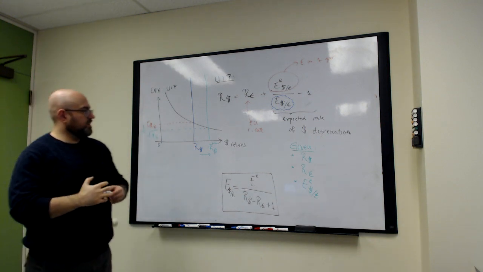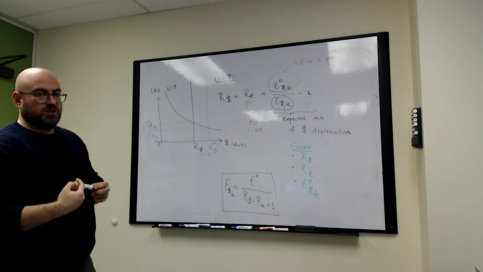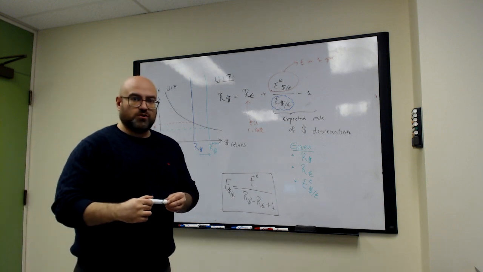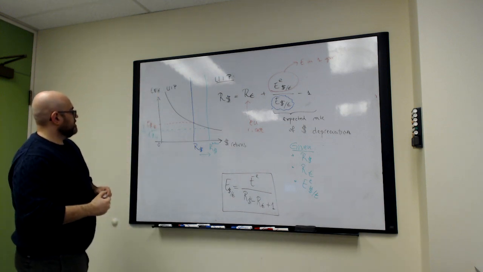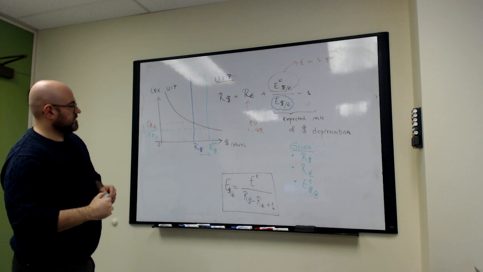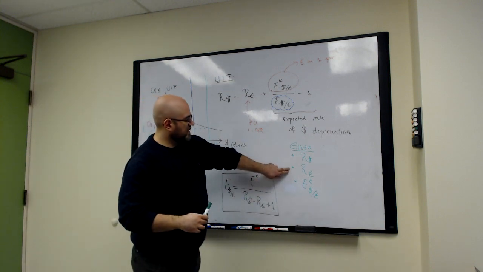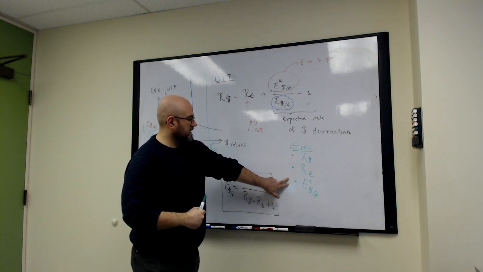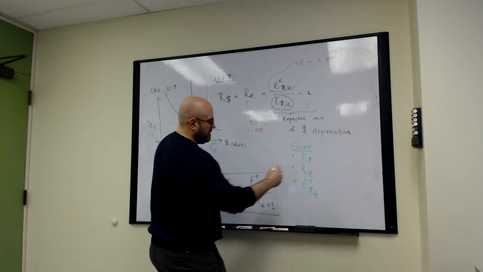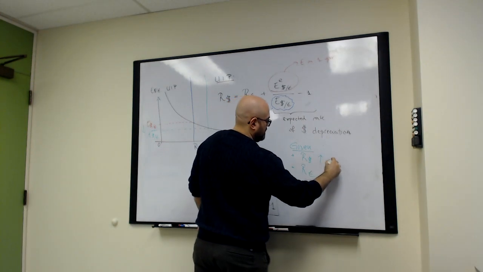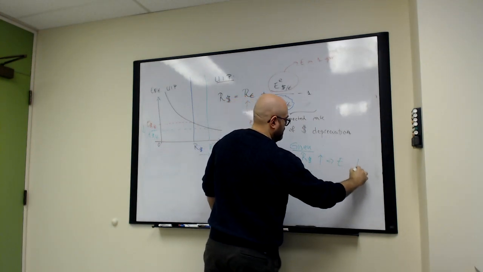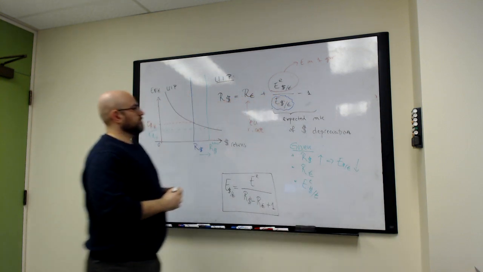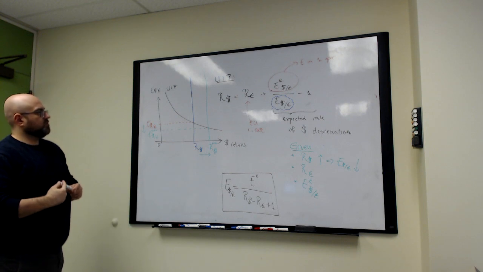Remember that a lower value means a stronger dollar, means that the dollar appreciates. It takes fewer dollars to buy 1 euro. So if we keep the interest rate in Europe the same and beliefs about future exchange rate the same, an increase in the US interest rate will appreciate the dollar. That's going to be our first result.